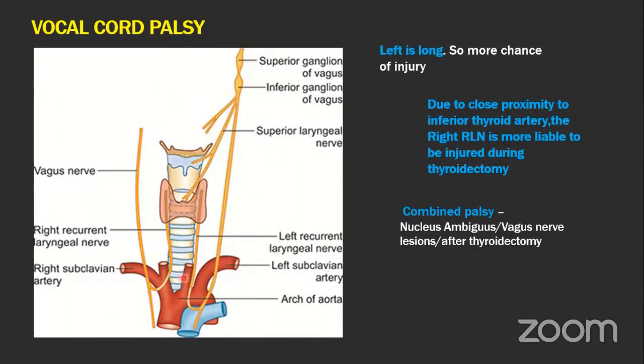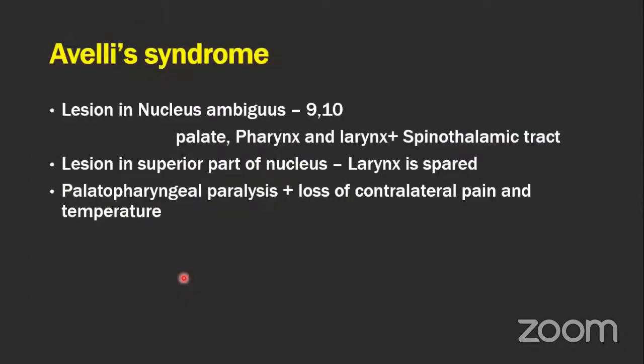And there are some syndromes associated with vocal cord paralysis. One is Avellis syndrome. That is high lesions. Usually in the lesions of the nucleus ambiguus, what will happen? 9 and 10 will be affected. So if 9 and 10 are affected, there will be paralysis of palate, pharynx and larynx. Okay.